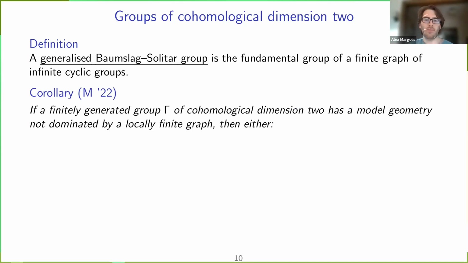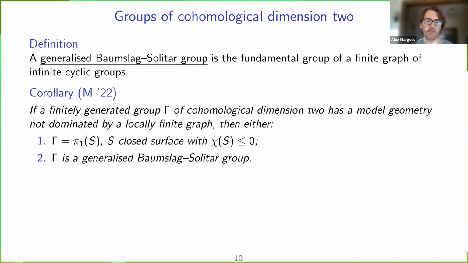Such a finitely generated group of cohomological dimension 2 has a model geometry not dominated by a locally finite graph precisely when it's either a surface group, the fundamental group of a closed surface of non-positive Euler characteristic, or it's what's called a generalized Baumslag-Solitar group, which I've given the definition of up at the top, but it generalizes Baumslag-Solitar groups we talked about earlier, and these are groups that have a similar geometric and algebraic structure to Baumslag-Solitar groups.